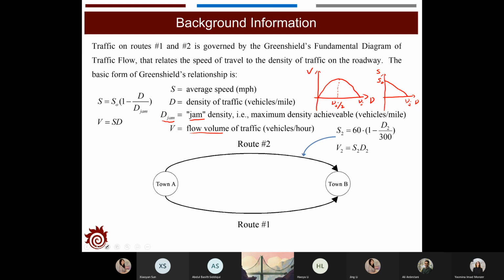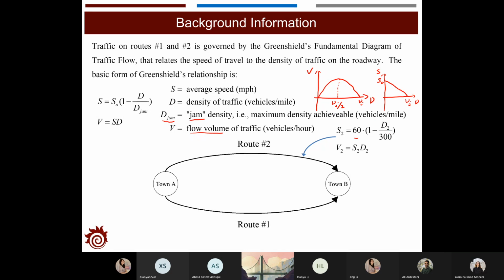Both Route 1 and Route 2 follow the Greenshields fundamental diagram, but we have some specific parameters for each, and they are different. For Route 2, S2, the average speed on Route 2, is 60 times 1 minus D2 divided by 300.